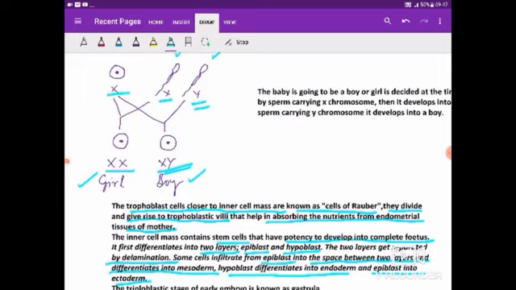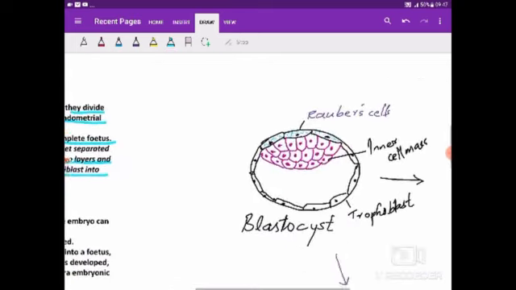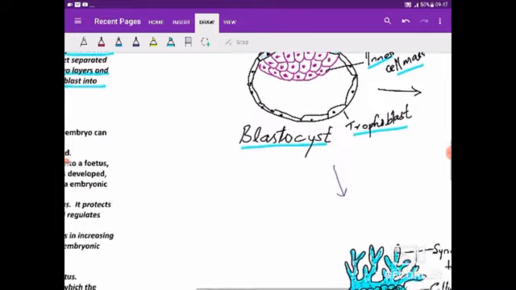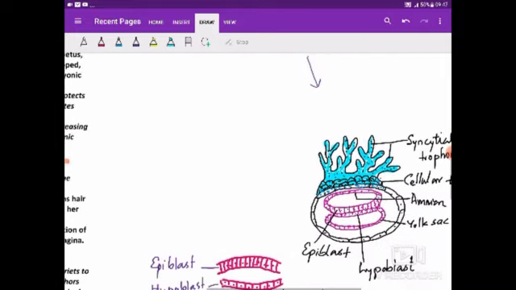Now with the diagram, let us see how this is actually happening. Now look at this diagram. It's a blastocyst, and these are the Rauber cells, the inner cell mass, and this is the trophoblast. Now the Rauber cells repeatedly go on dividing, adding more and more cells.